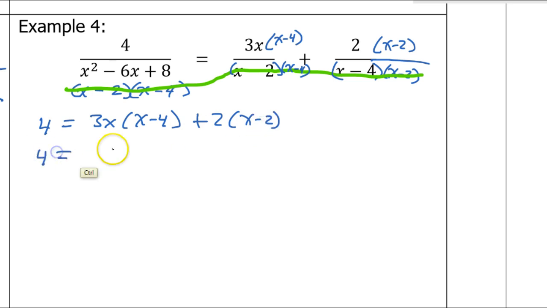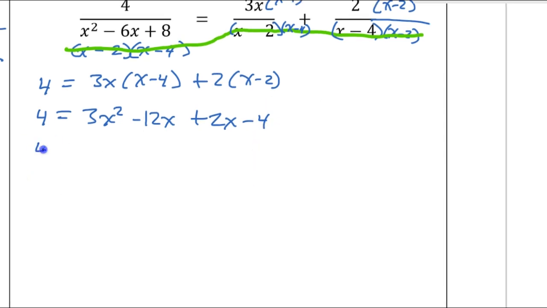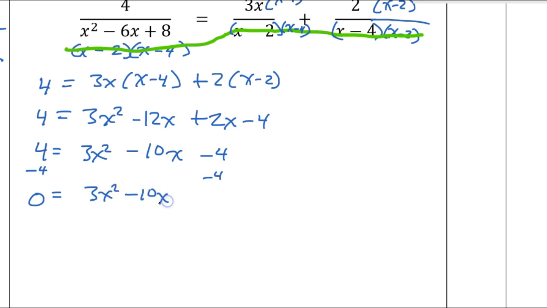So that's going to be 4 is equal to 3x squared minus 12x plus 2x minus 4. Got some like terms here in the middle, so this will be 3x squared minus 10x minus 4. And then if I subtract 4 from both sides, that will give me 0 is equal to 3x squared minus 10x minus 8.